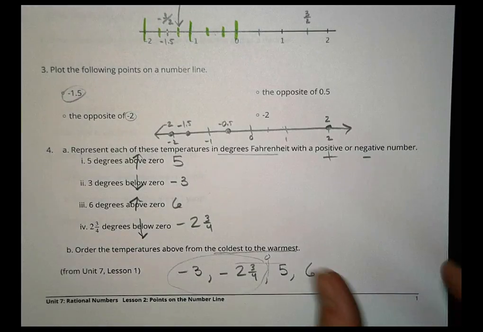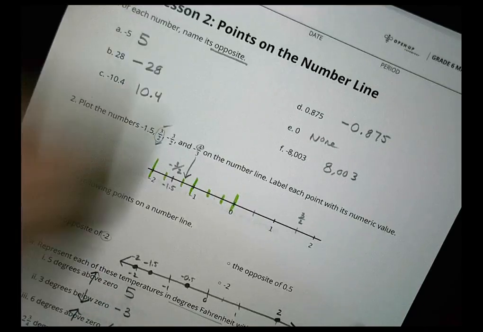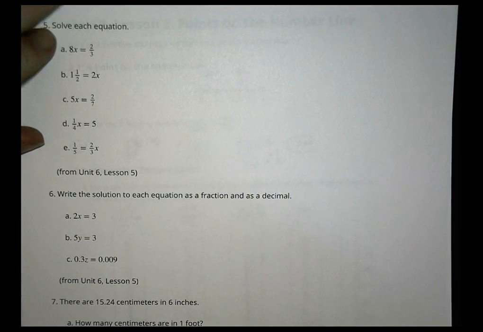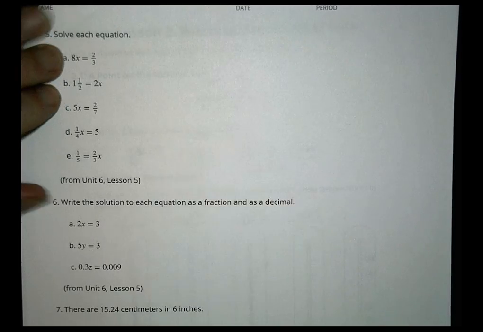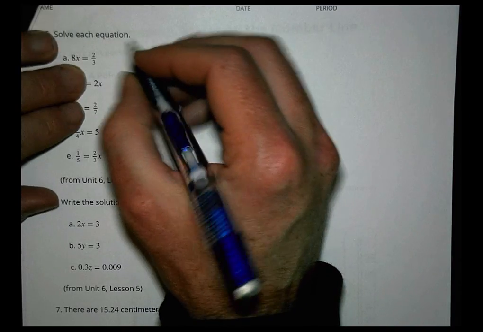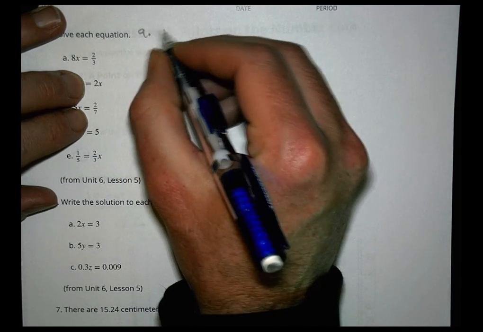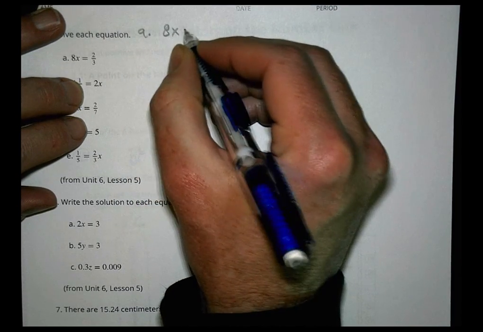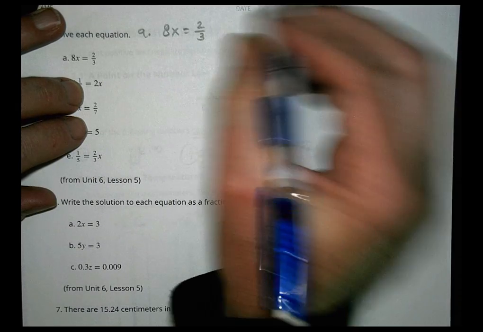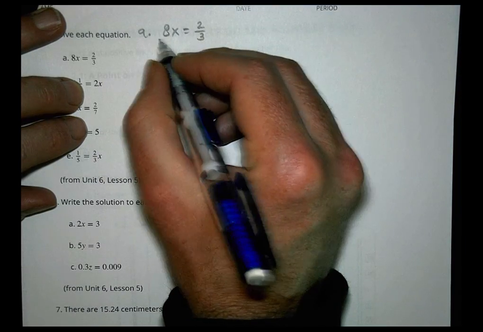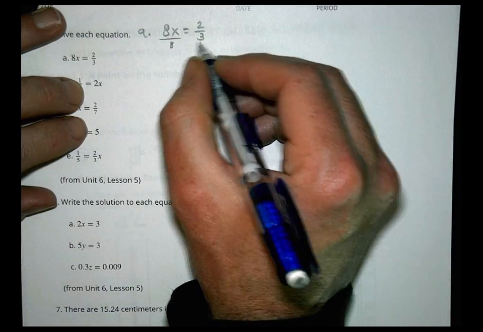Alright, let's turn the page for the back side here. We have some equations to solve. The equations are a review from Unit 6, Lesson 5. So, let's solve some equations. These equations aren't super nice, but we can do them here. For A, we have 8x equals 2/3. So, to solve this, we're going to divide both sides by 8.